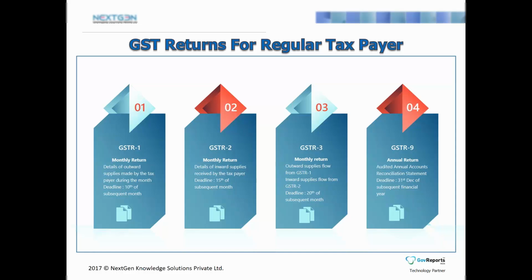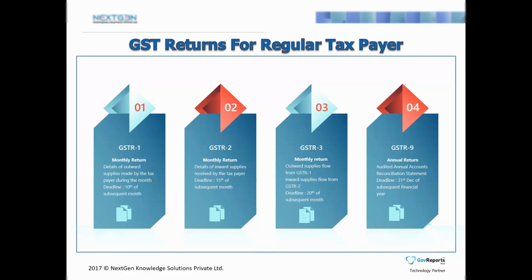And for filing GSTR 3, the taxpayer needs to deposit the tax liability which is calculated based on his monthly return. And then there is an annual return in the form of GSTR 9, which he needs to submit by 31st December of the subsequent financial year. So these are the returns which a regular taxpayer needs to file.